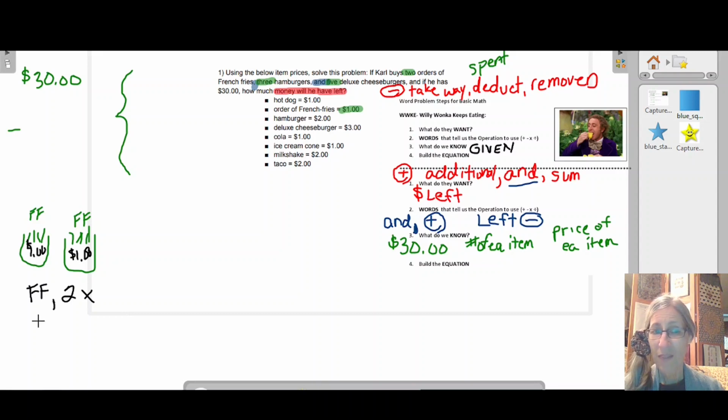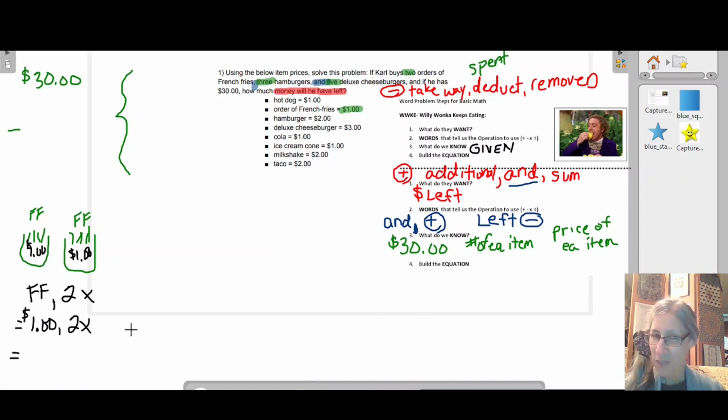But we don't leave it like that. We have to keep going with it to make it look like a mathematical expression. So we have 1 French fry 2 times. Well, 1 French fry is worth $1. So we have $1 2 times. So we don't leave it like that with the comma because this isn't mathematically correct.